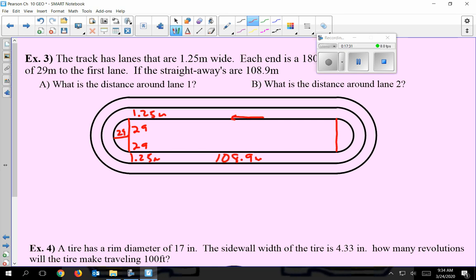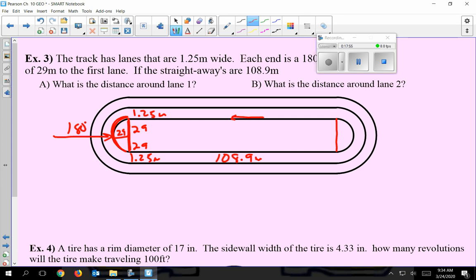So one thing I have to do then is find the measure of this arc, okay? So we just kind of did that. Now I'm assuming that's going to be a semicircle, so I'm assuming that's 180 degrees for that arc because it's a diameter right here. Okay, I'm assuming that's a perfect circle.